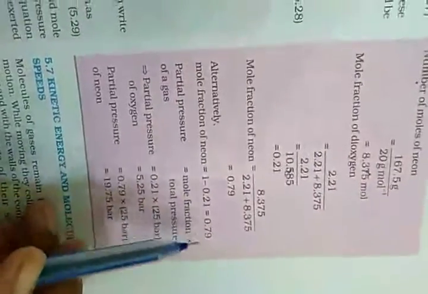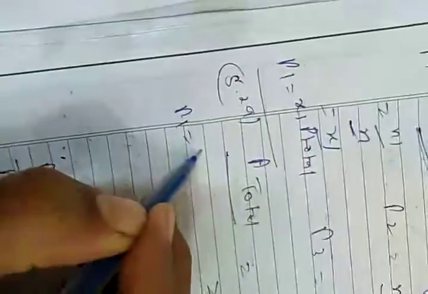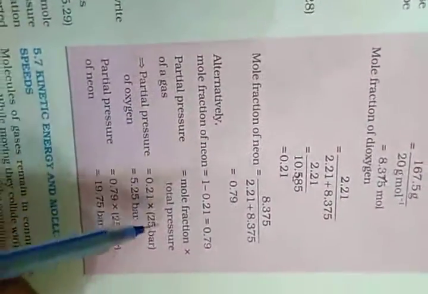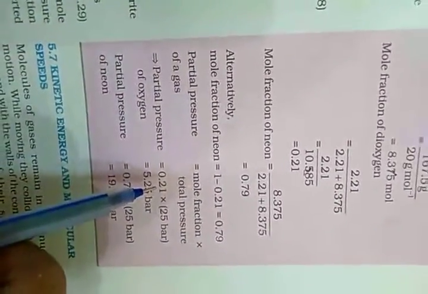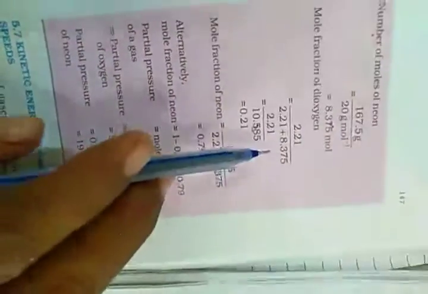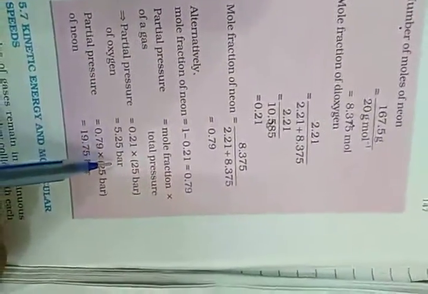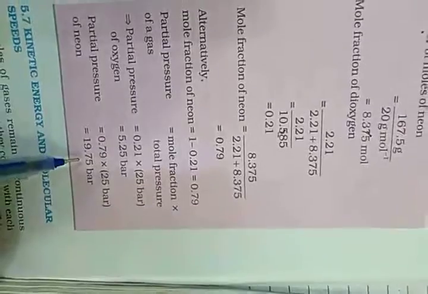Partial pressure is given by the formula I derived, P1 is equal to X1 P total. With mole fraction 0.21 and total pressure 25 bar, you get the partial pressure of oxygen, 5.25 bar. Then the partial pressure of neon is found the same way, P1 equals X1 P total.